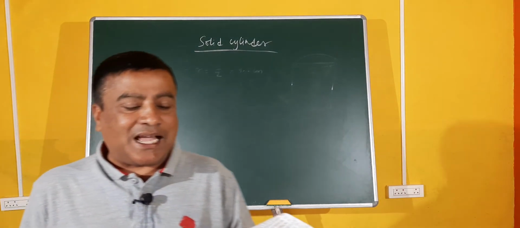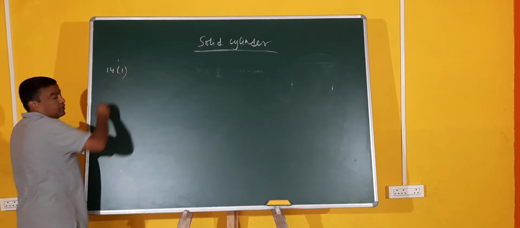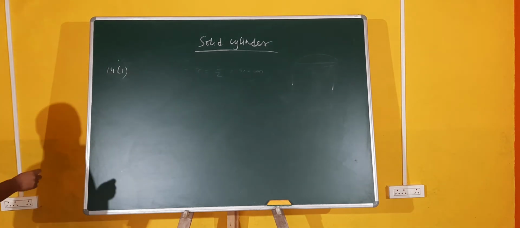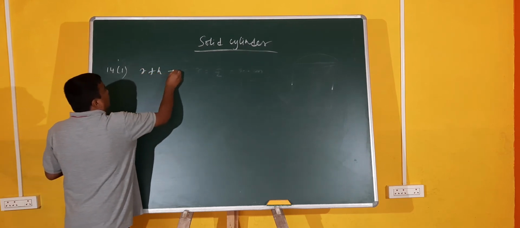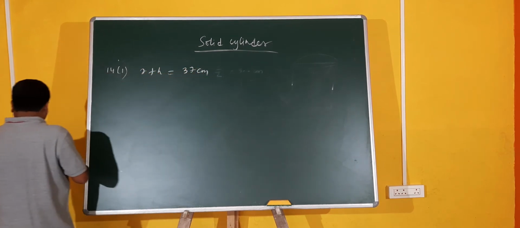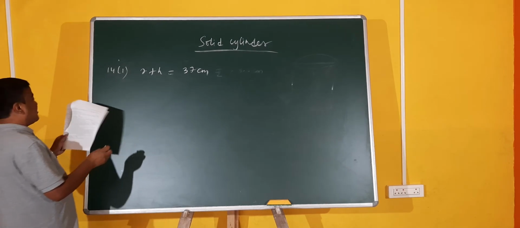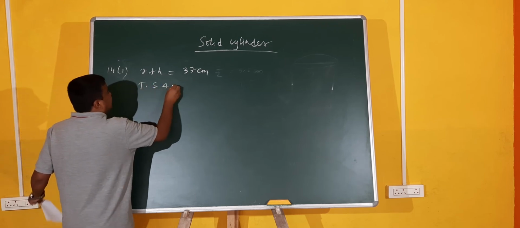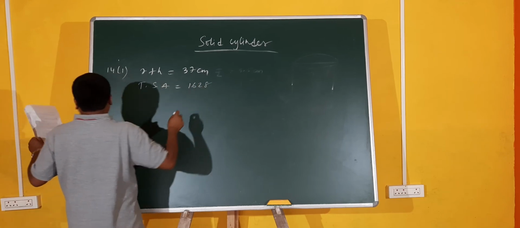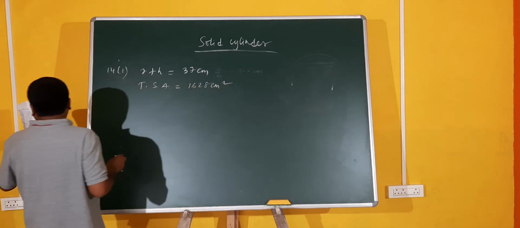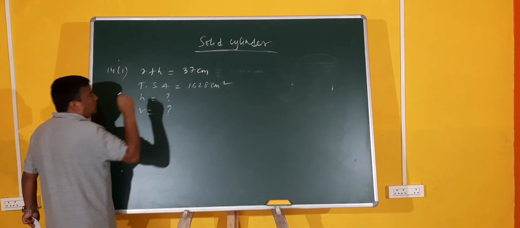The sum of the radius and the height of the cylinder is 37 centimeter, that is r plus h equals 37 centimeter, and the total surface area equals 1628 centimeter square. You have to find out height and you have to find out volume.